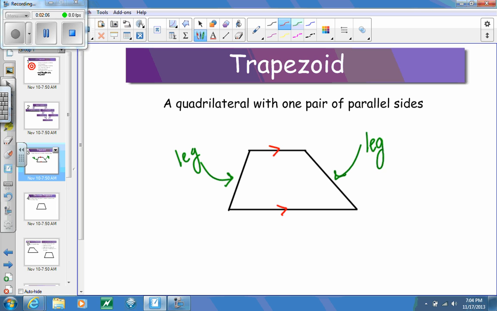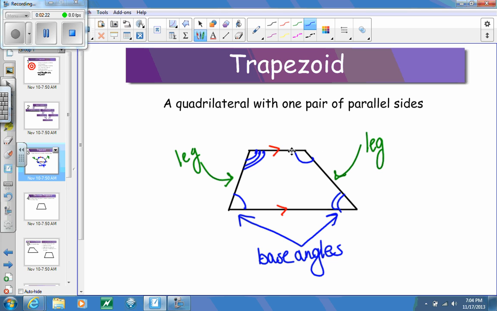And then we also have what are called the base angles. These angles right here, those are the base angles. And also up on top, these are also considered base angles.